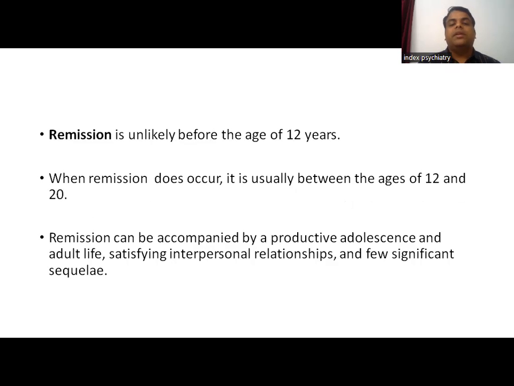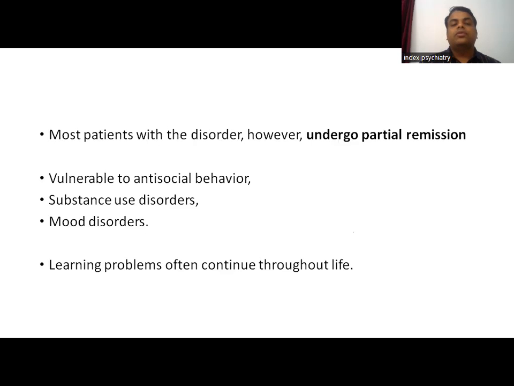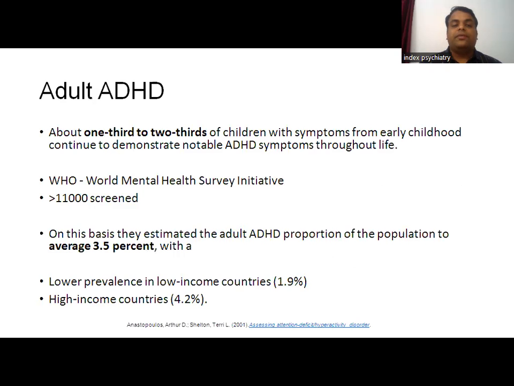Remission can be accompanied by a productive adolescence and adult life, satisfying interpersonal relationships, and few significant sequelae. Most patients with the disorder, however, undergo partial remission, vulnerable to antisocial behavior, substance use disorder, and mood disorder. Learning problems often continue throughout life.